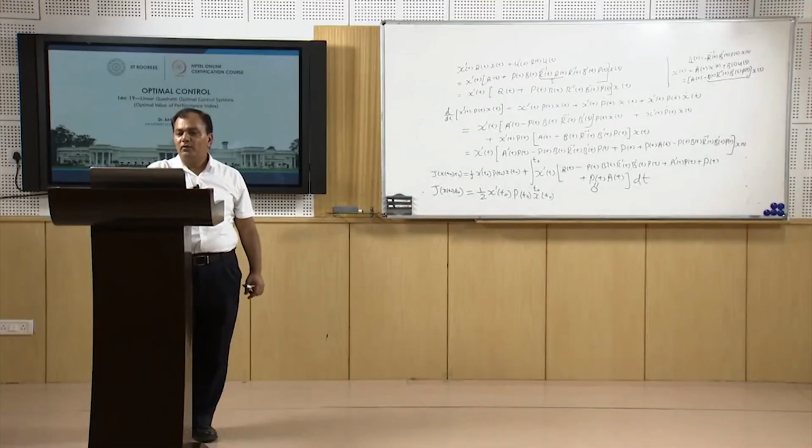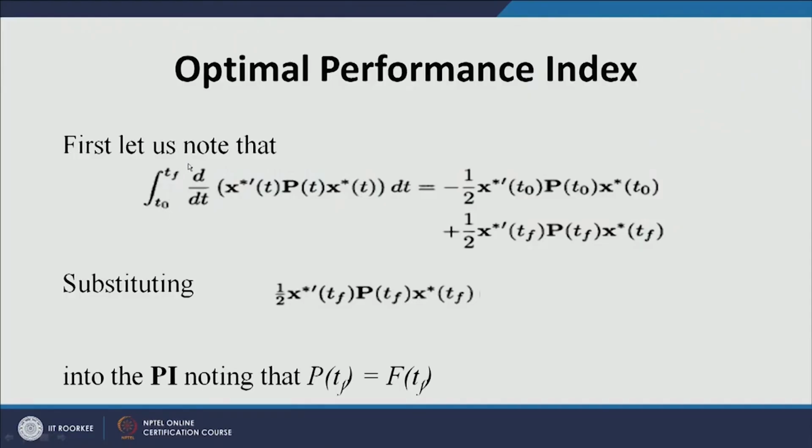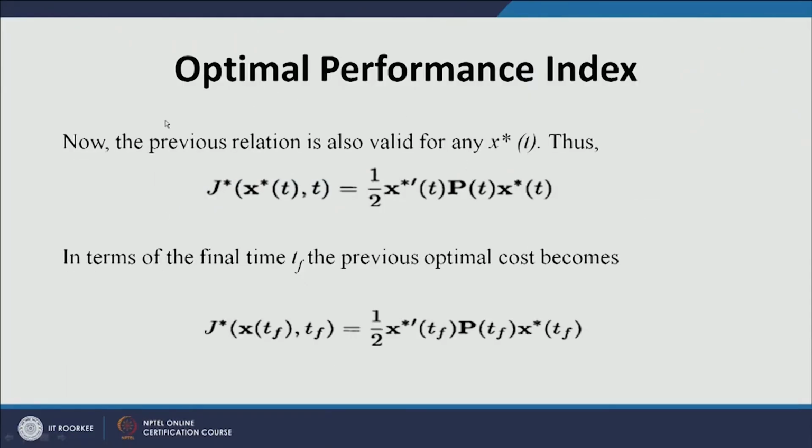Now as we have solved this from t0 to tf, similarly I can solve it from t to tf for any intermediate point. So if I am solving it for t to tf, my optimal cost will be half of x prime t, P t, x t. Because t is varying from t0 to tf, I can also express my optimal cost as half of x transpose of tf, P tf, x tf.